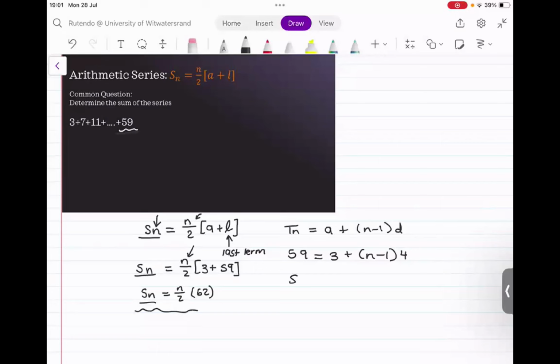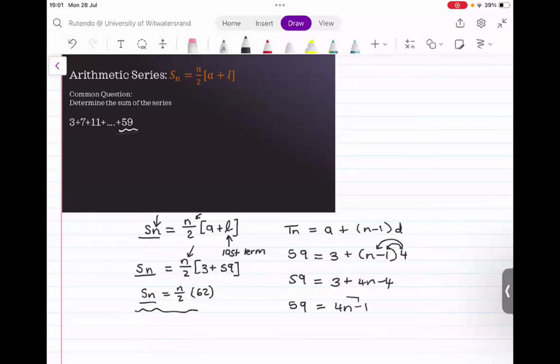Okay, then I'll have 59 equals 3 plus 4n minus 4. So I'll have 59 equals 3 minus 4, or 4n minus 1.